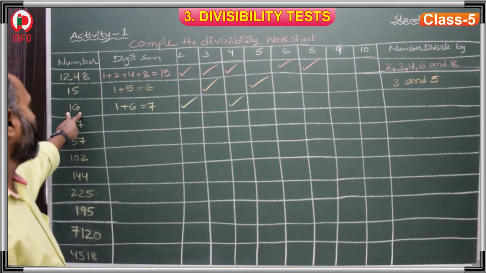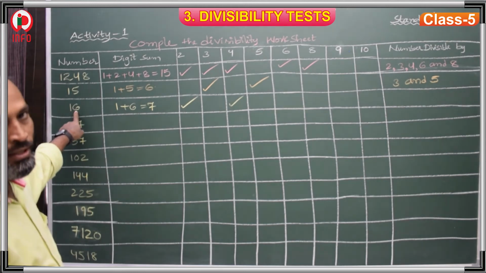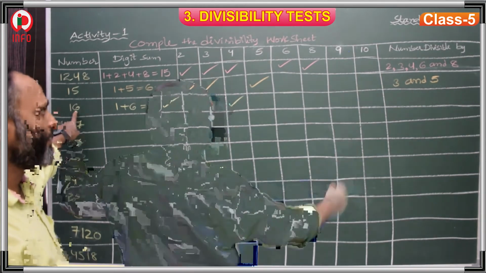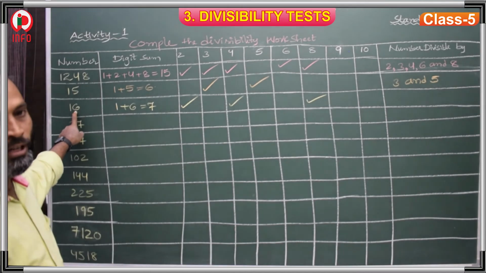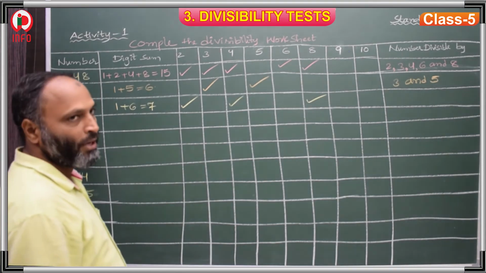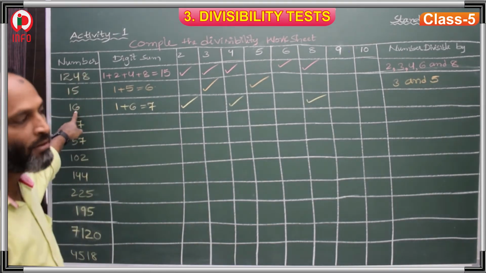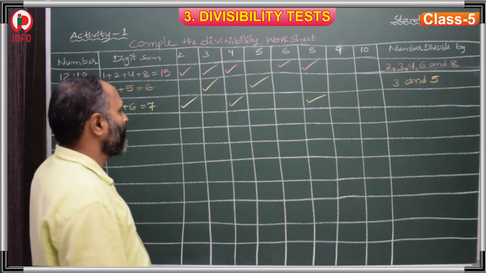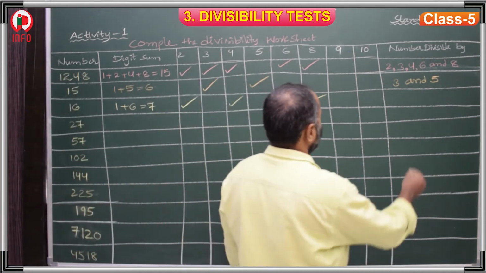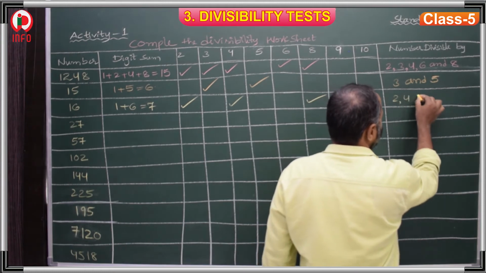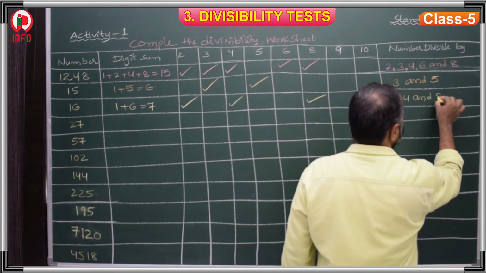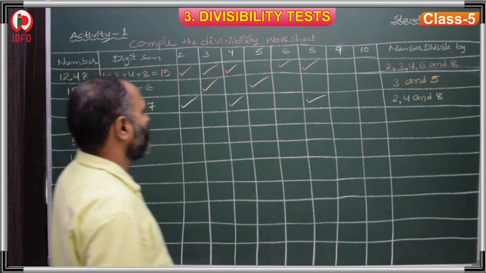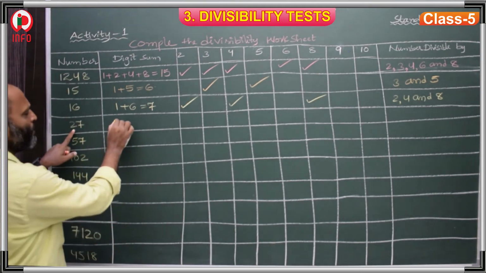Then in the 5 table, the last digit has no 0 or 5, so it is not. In the 9 table it won't come. In the 10 table it won't come because the last digit is not 0, so it is not divisible by 10. Then 2, 4, 8.